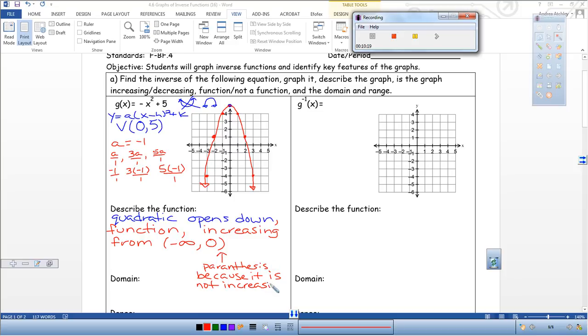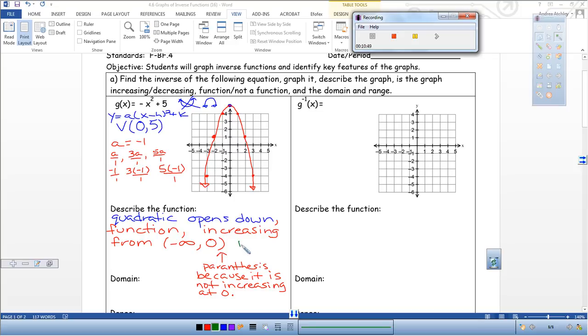Because it's not increasing at 0. Any questions over that? Okay, then the second part of the graph, so from 0 to positive infinity, what are my y values doing? They're decreasing.